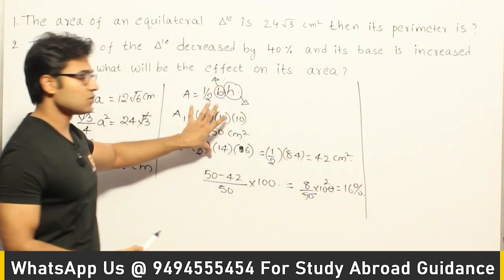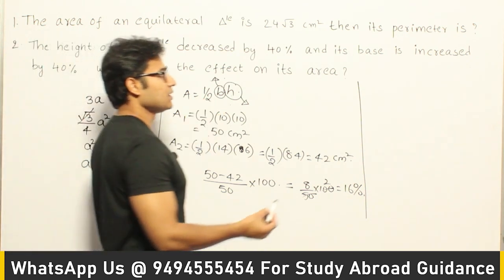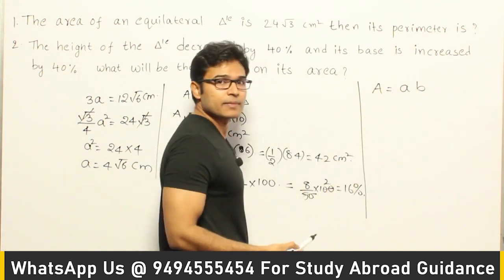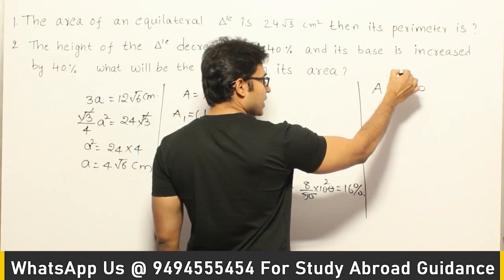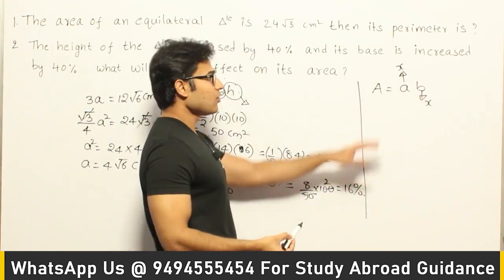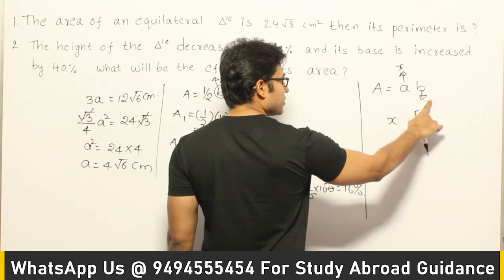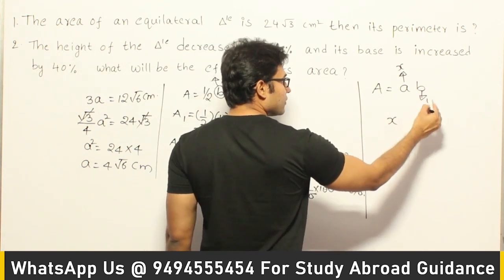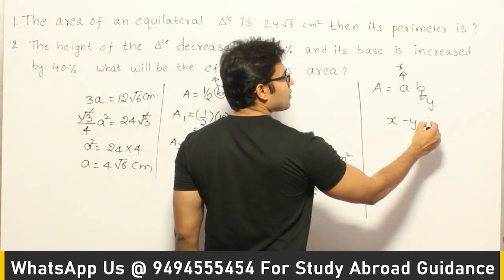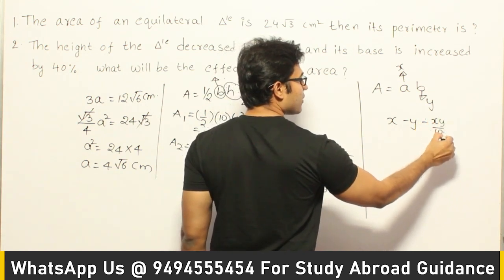Again, we are going to talk about this topic in the percentages topic. In percentages, what we observe is, if a number is expressed as a product of two numbers like this, and if you are going to increase one by x percent and decrease the other by y percent, then the overall change in A will be x minus y minus xy by 100.